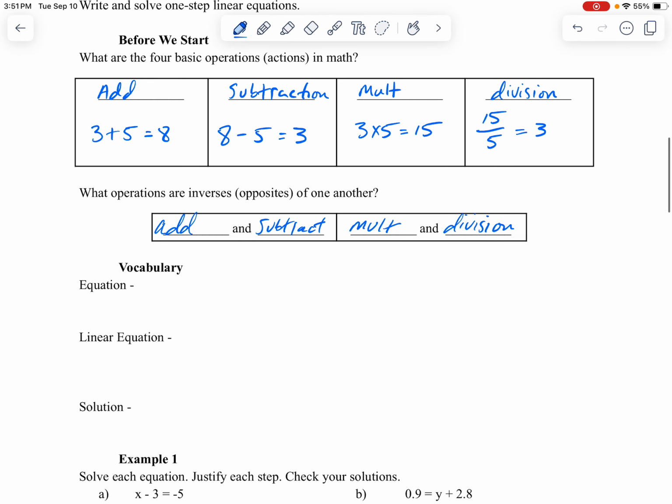First, we're going to look at a couple of different definitions: equation, linear equation, and then what it means to actually find a solution, because we're going to be using these words a lot throughout the year. So an equation is a statement that two expressions are equal.